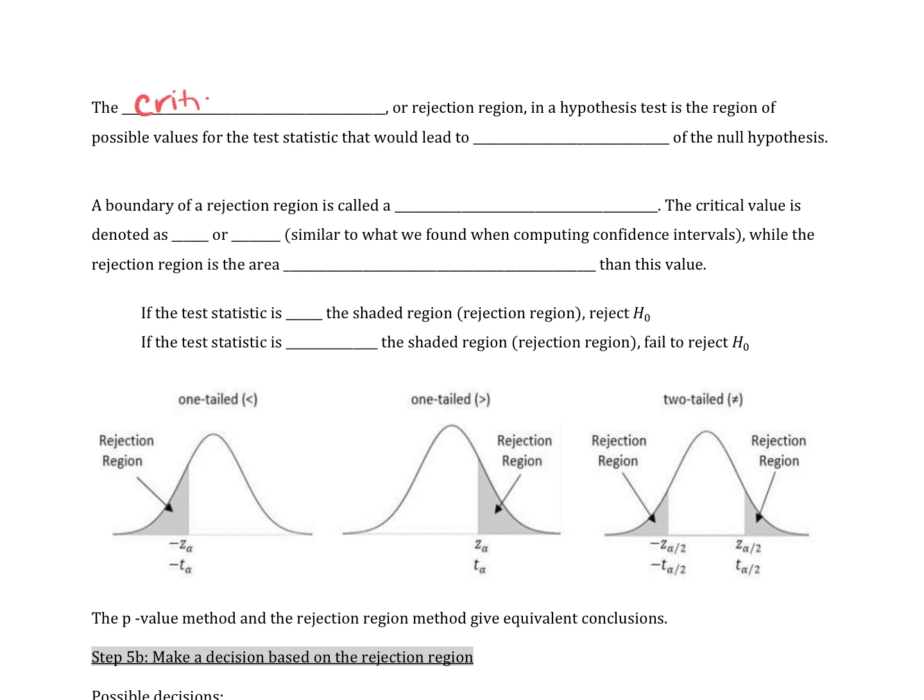The critical region or rejection region in a hypothesis test is the region of possible values for the test statistic that would lead to rejection of the null hypothesis. A boundary of the rejection region is called a critical value.